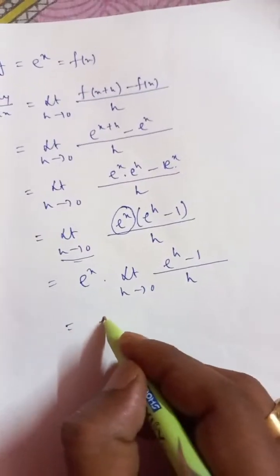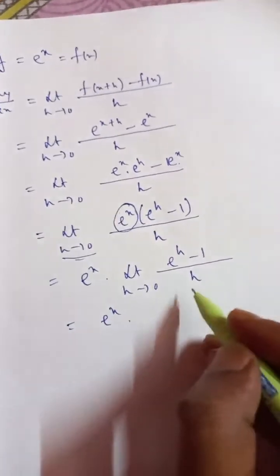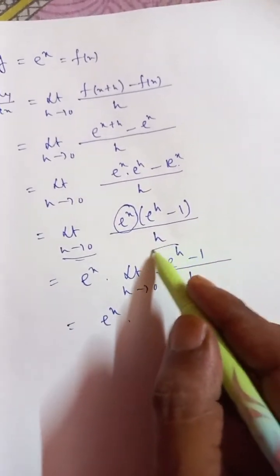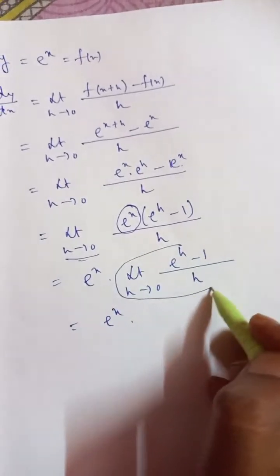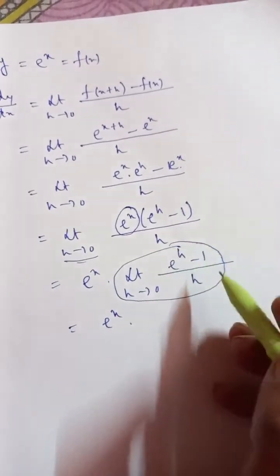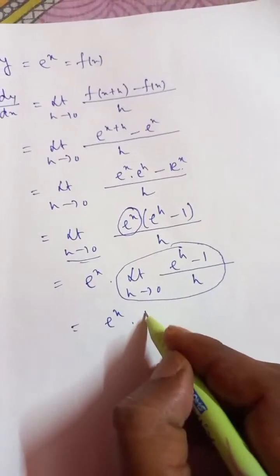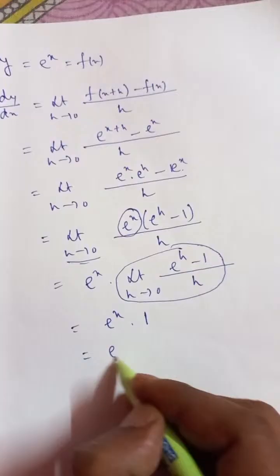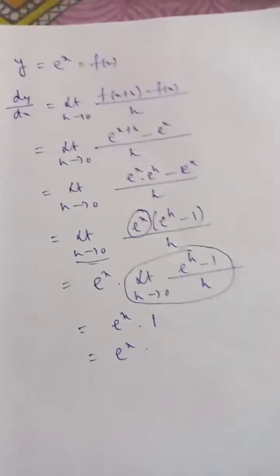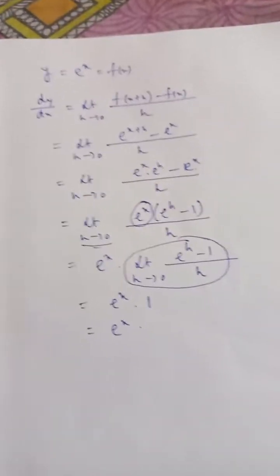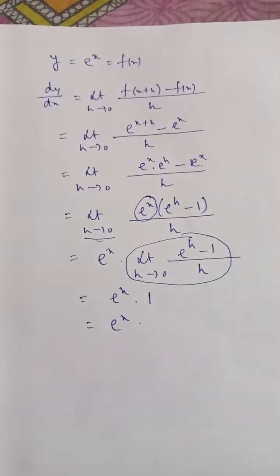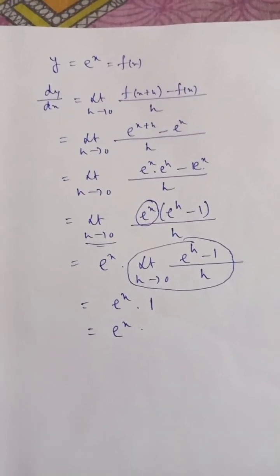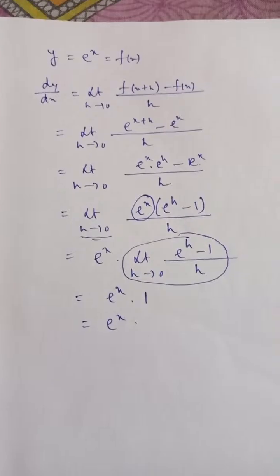We know that this limiting value is equal to 1, so we will get e to the power x. This is another example of the definition of differentiation.